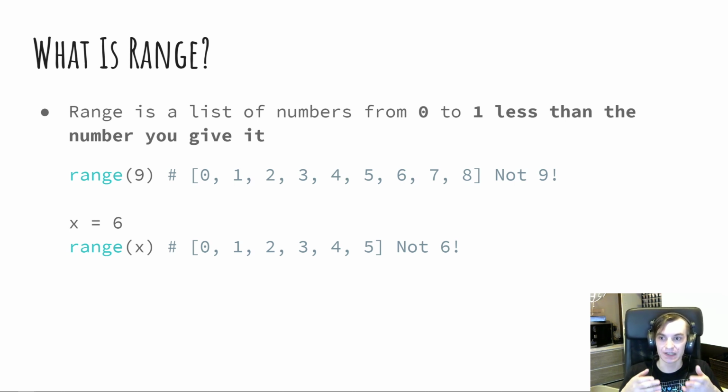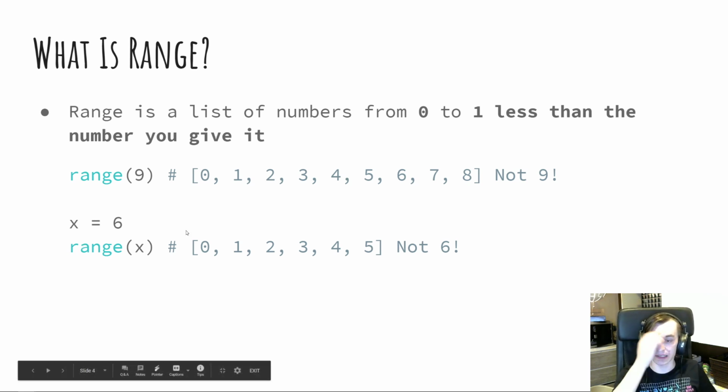So if we have 9 items in a list, the indices are 0, 1, 2, 3, 4, 5, 6, 7, and 8, but not 9. 9 would mean we have to skip over 9 items, which takes us past the end of our list. So that's why range does what it does.